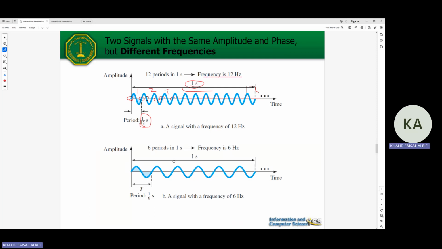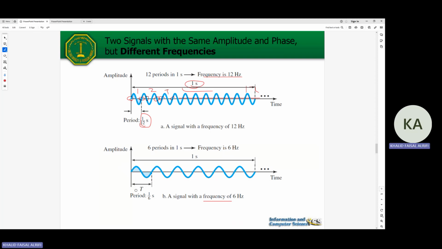Okay. Here with the smaller frequency, the frequency is smaller. So we will have 1 here, then 2, then 3, then 4. I forget how to count actually.